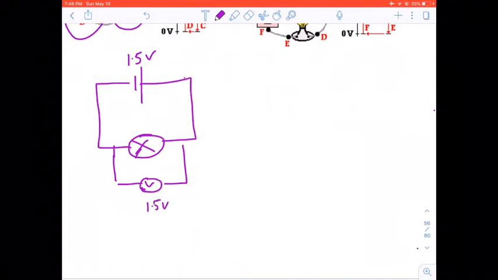That means there's a potential drop across our bulb of 1.5 volts, right?